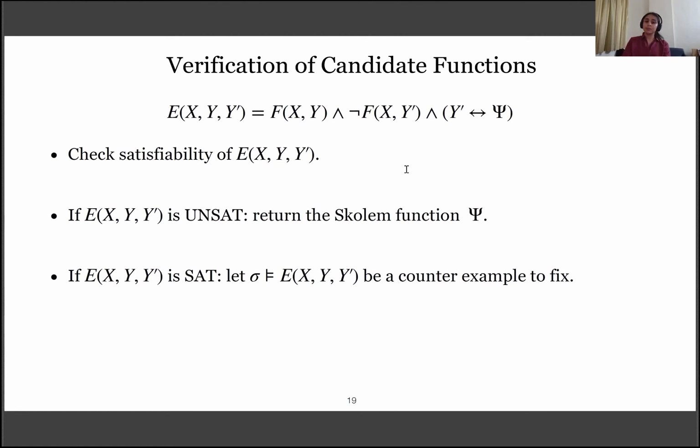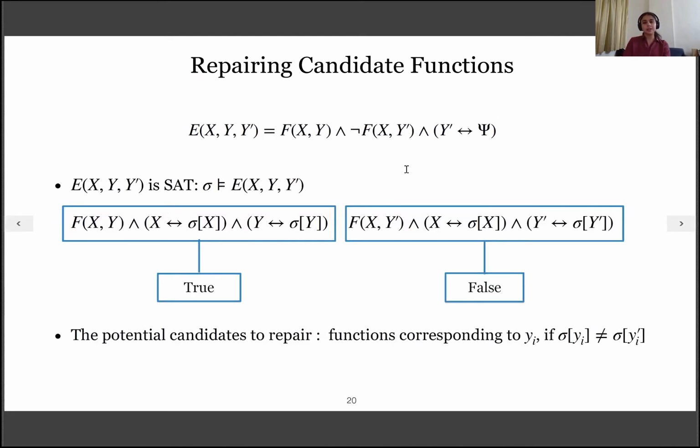So if the error formula is set, we have a counterexample sigma, that is the satisfying assignment of the error formula. So we know that when the error formula is set, the candidate functions need to undergo a repair iteration. But the question that arises here is, out of m Skolem functions, which one of those needs to be repaired? We know that when we fix the value of x to the valuation of x from the counterexample, f of x,y equals true and f of x,y prime equals false.